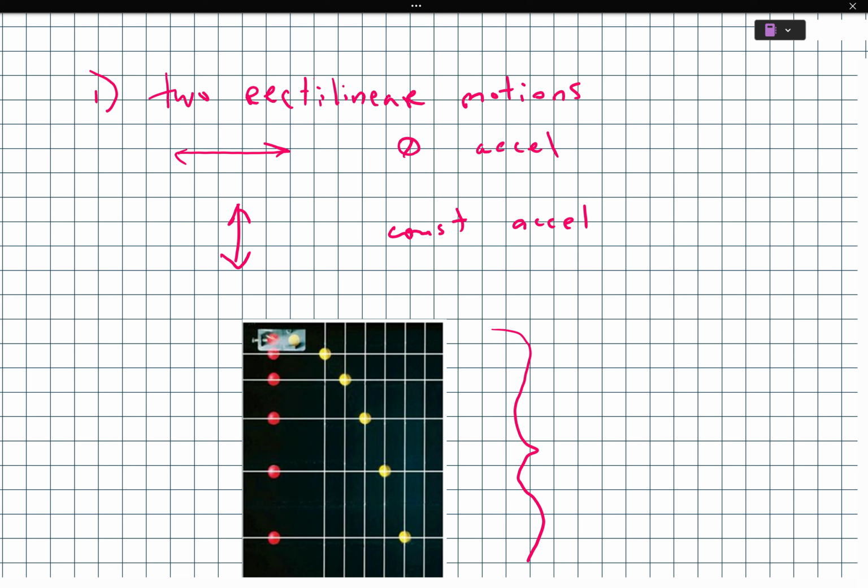But notice both balls are subject to the same downward acceleration since they remain at the same elevation at every instant. Also, note that the horizontal distance between the successive photos of the yellow ball is constant since the velocity in the horizontal direction is constant.